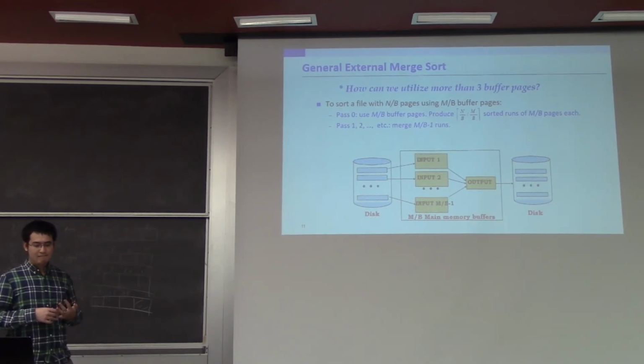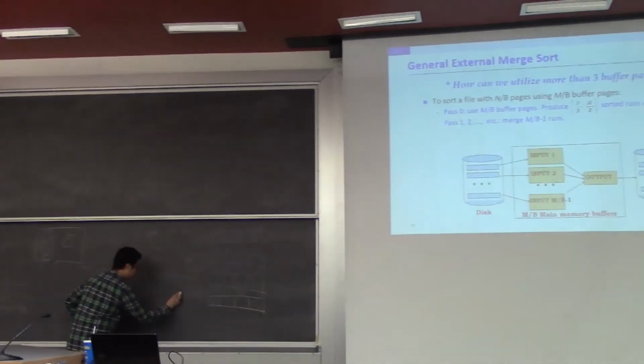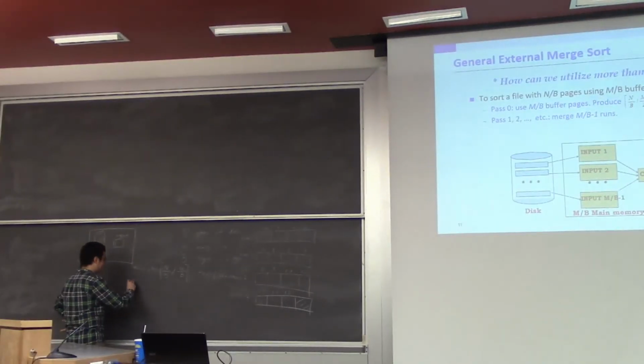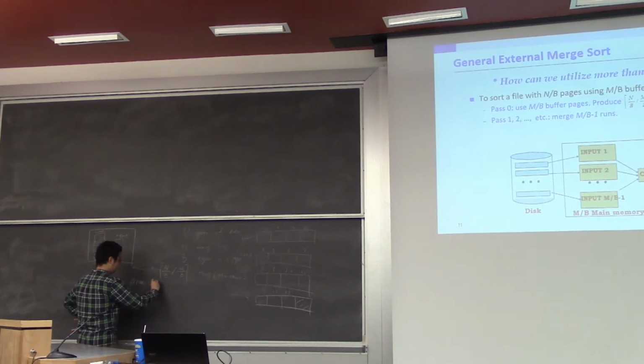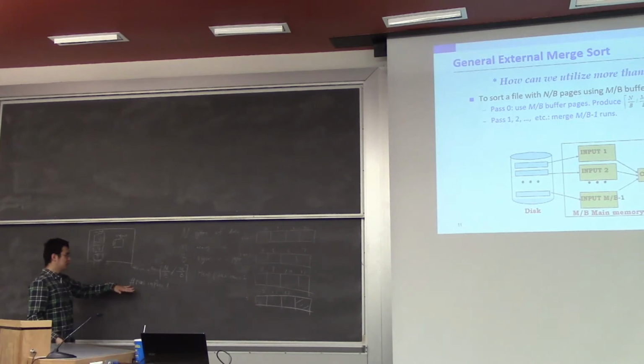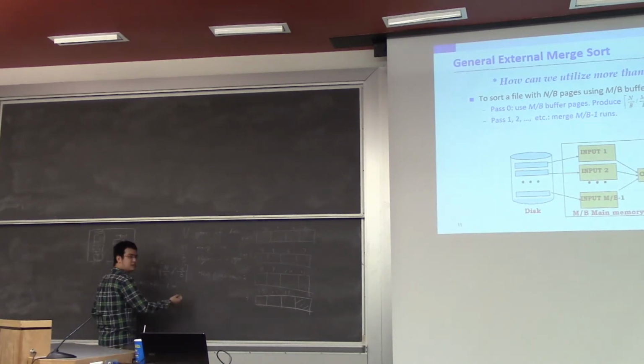So if I have, I'll write it somewhere here. Okay, so this is pass 0, right? If I ask you how many runs I have after pass 1, what is that number?